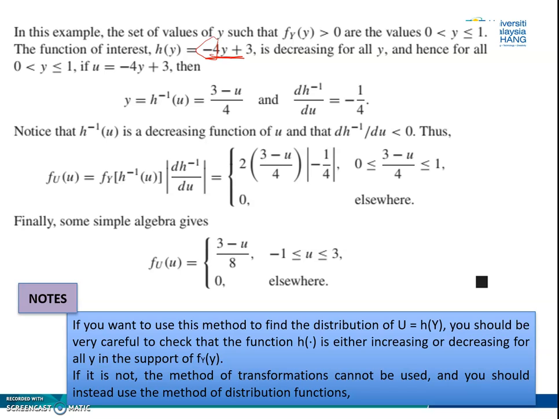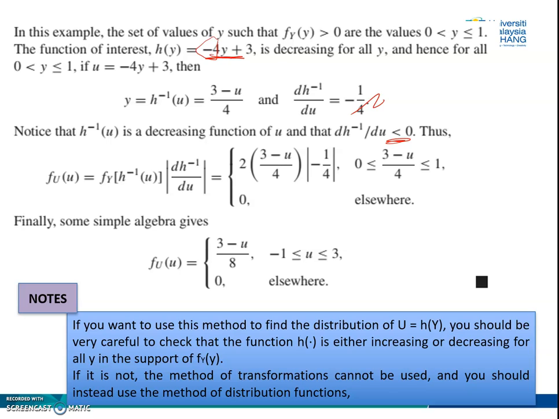So if U equal to negative 4y plus 3, then in order for you to get the inverse function h inverse of u, you will get 3 minus u over 4. And then when you differentiate this inverse function, you will get negative 1 over 4, which is less than 0.